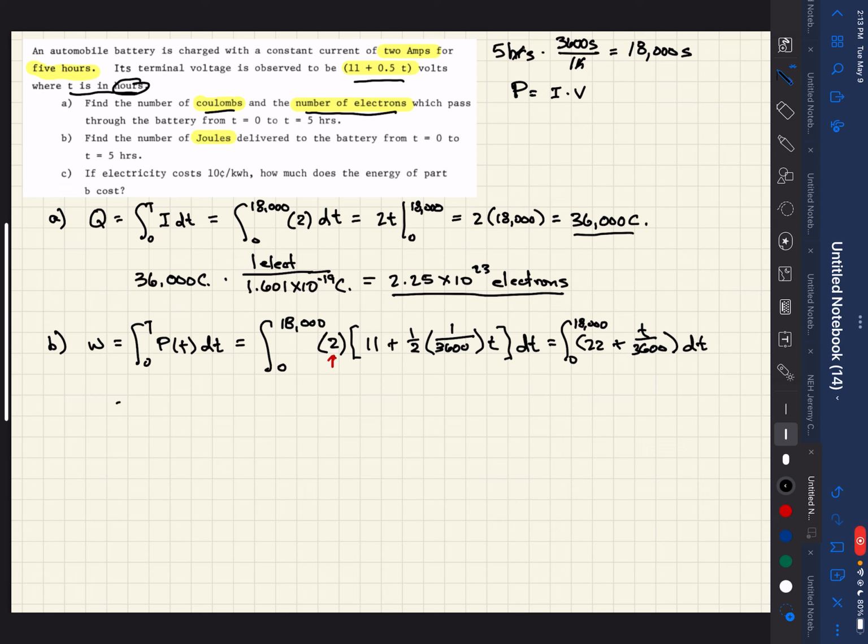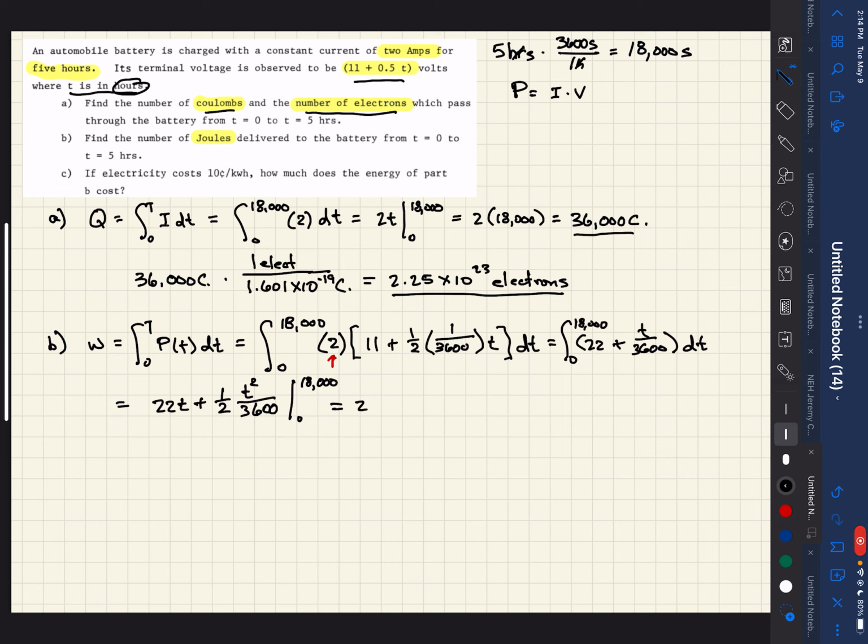So again, drop down here. And when we integrate that expression, we will get 22t plus 1/2 t squared over 3600. Again, this is just applying standard calculus rules of integration, and that's going to be evaluated from 0 to 18,000. So at 0, the whole expression is 0, so then we just need to evaluate it at 18,000.